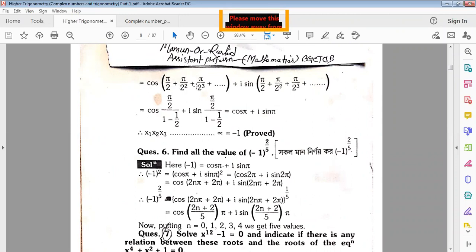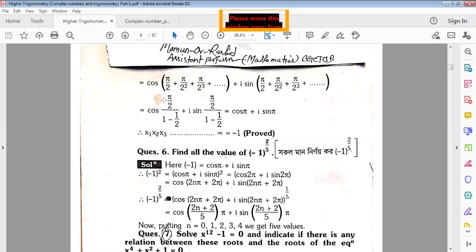This is an infinite geometric progression. The formula for the sum of an infinite series of a geometric progression: s equals to a divided by 1 minus r. r means the common ratio and a means the first term.